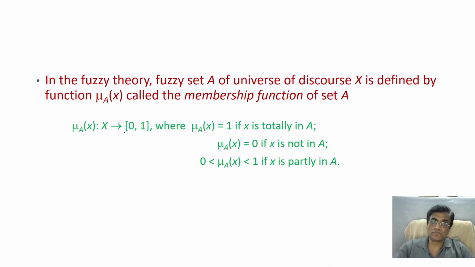Here it is 0 to 1, and in our earlier example the universe of discourse is between 150 and 210. The value of the membership function will be 1 if x totally belongs to set A, 0 if it does not belong to A. However, for all intermediate x, x will be partially belonging to that class.